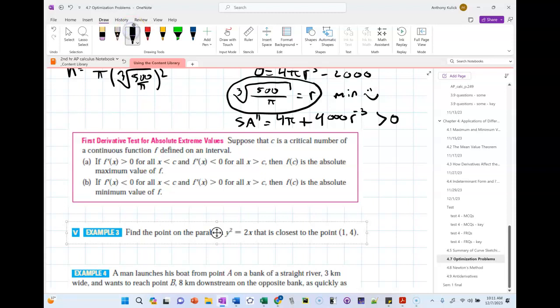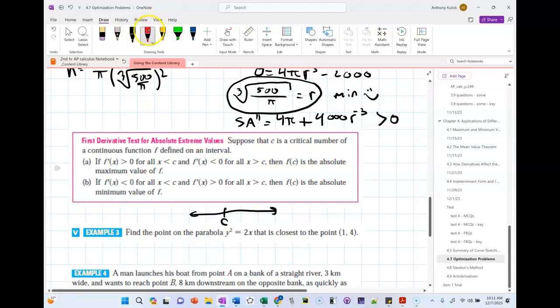If we have our sign diagram, here's C, and everything before C is positive, everything after C is negative, that's an absolute maximum because it's a local maximum, but there aren't any other maximums, so that's got to be the biggest. It never becomes increasing again. There's no way to get back higher.